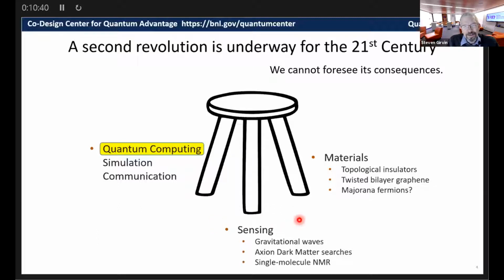And it's a three-legged stool. It involves the study of what are called quantum materials, materials that have strange correlations among their interacting electrons and interesting transport properties. I won't be talking about that.